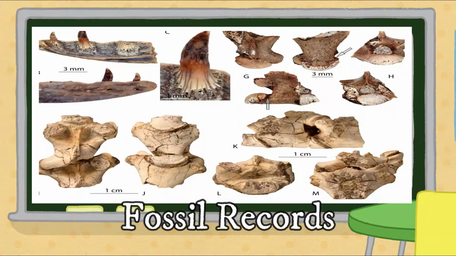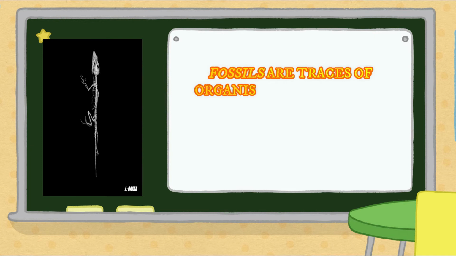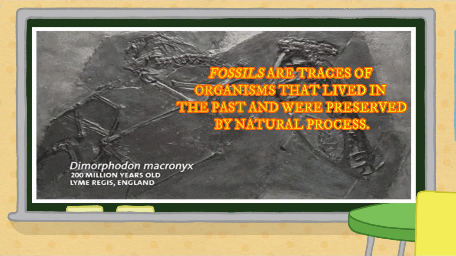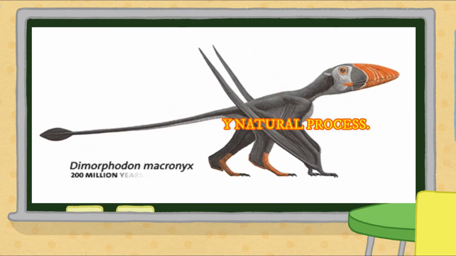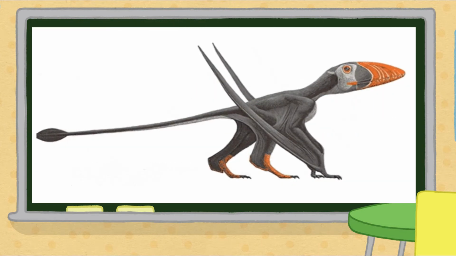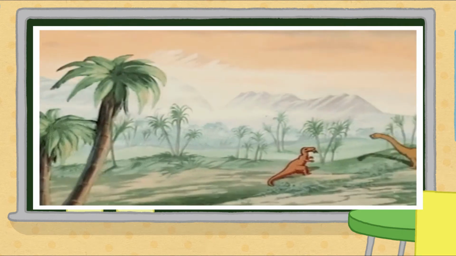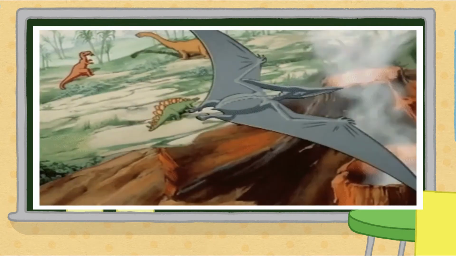Fossils are the traces of organisms that lived in the past and were preserved by natural process. Fossils are important evidence for evolution because they show that life on Earth was once different from life found on Earth today.